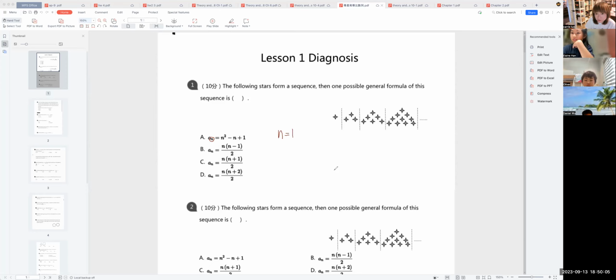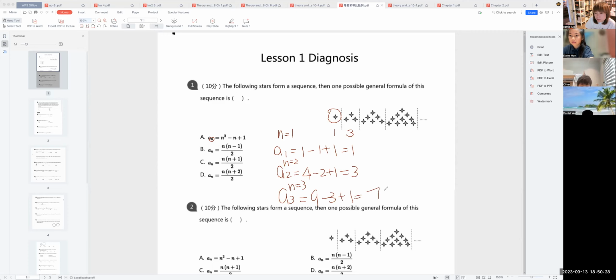When n equals 1, A1 equals 1 minus 1 plus 1, so equals 1. For the first one, it is right, it is only 1 star. When n equals 2, A2 equals 4 minus 2 plus 1 equals 3, still right. A3, when n equals 3, is 9 minus 3 plus 1, which equals 7. But counting 1, 2, 3, 4, 5, 6, it's not right, so A is definitely wrong.